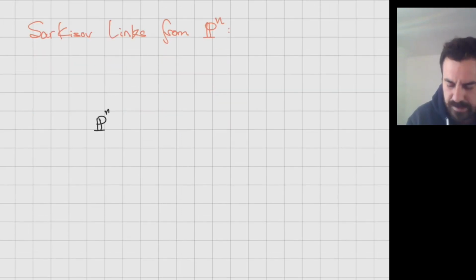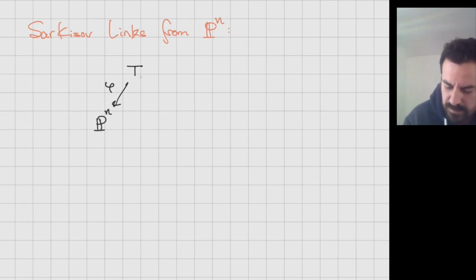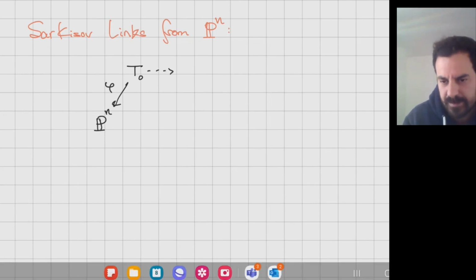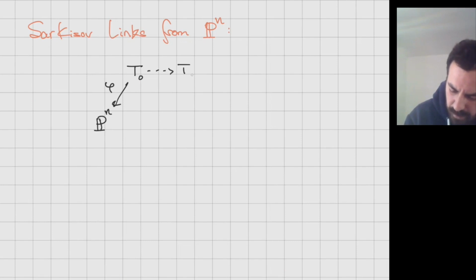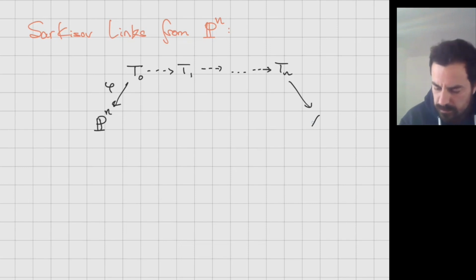So you start with your Pn. You take some divisorial extraction from Pn to T0. Then you have some other birational maps, T1, up to Tn, and then it goes to X. I'm going to define this in a second.